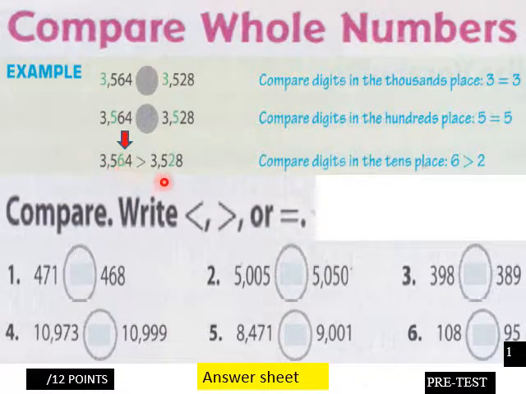This one is obviously larger than this number because of the tens place. 6 is larger than 2. So students, use this sign or this sign or this sign for the relations between these two numbers in each one of these questions.